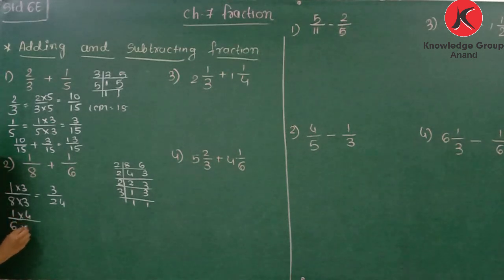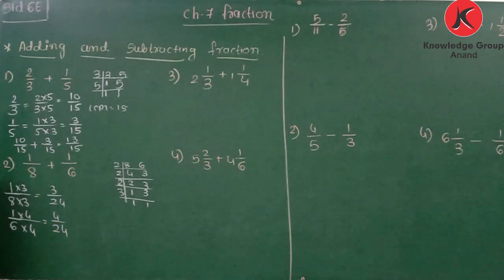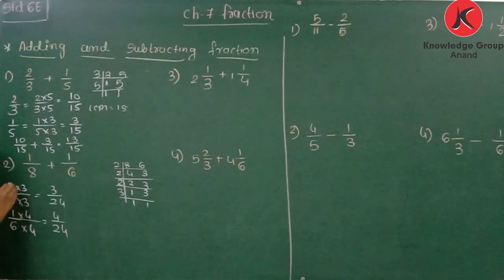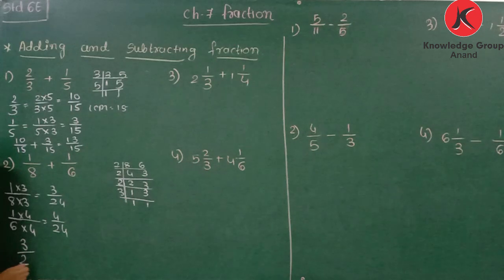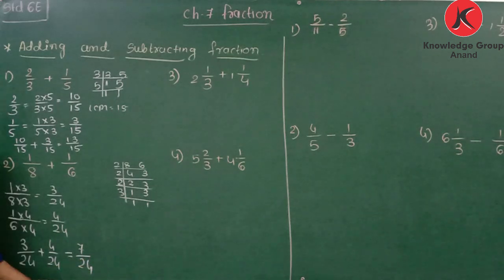Here we should multiply with 4. So 4 by 24. Now we have 3 by 24 and 4 by 24, which are equivalent fractions of 1 by 8 and 1 by 6. So we add the equivalent fractions. So here it is 7 by 24. This is our answer. Clear?